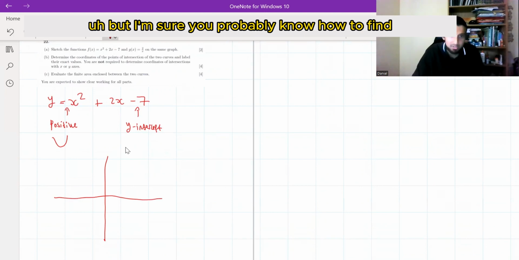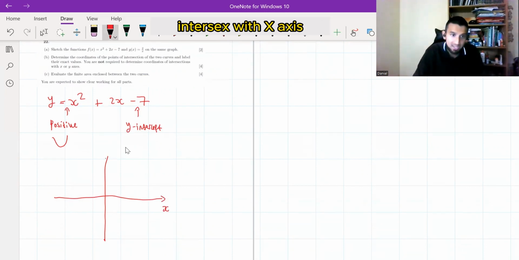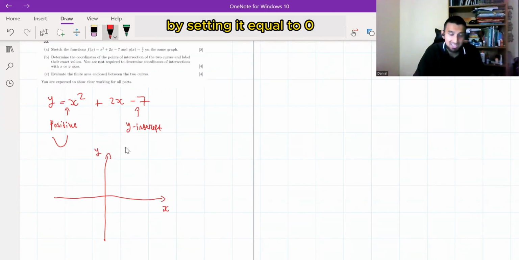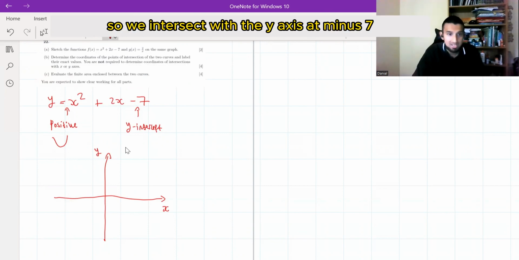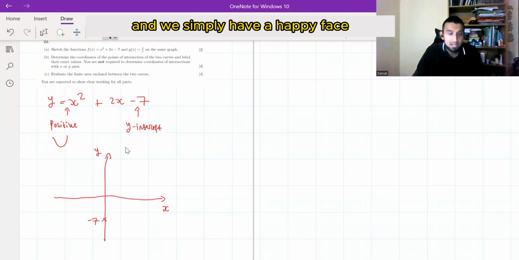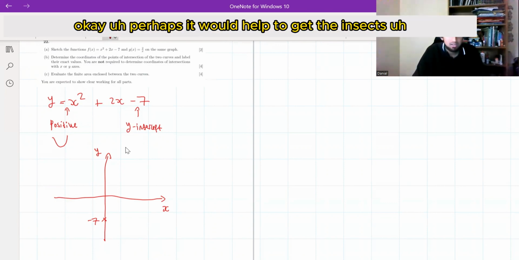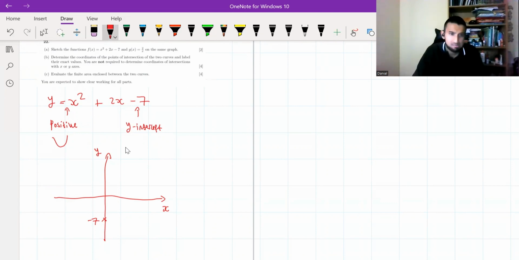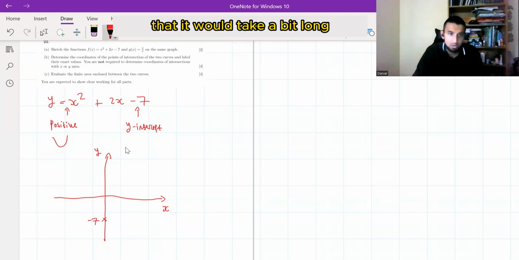But I'm sure you probably know how to find the intersects with the x-axis by setting it equal to 0. So we intersect with the y-axis at -7, and we simply have a happy face. Perhaps it would help to get the intersects, but it would take a little longer. At least we can get the minimum point.